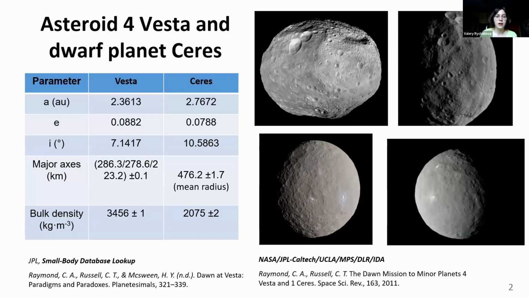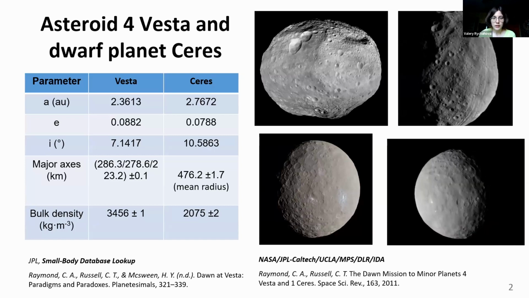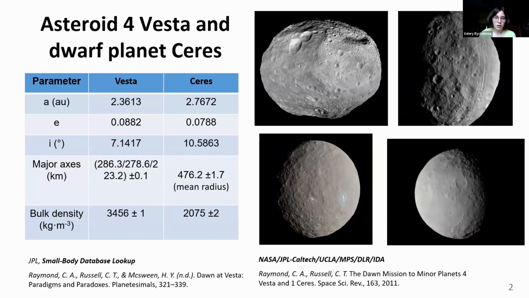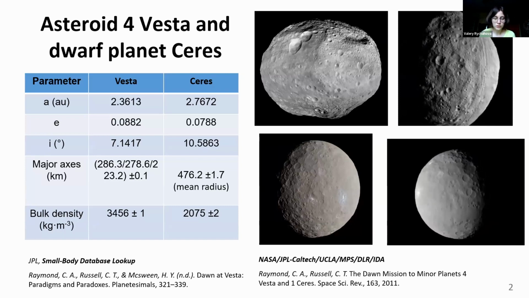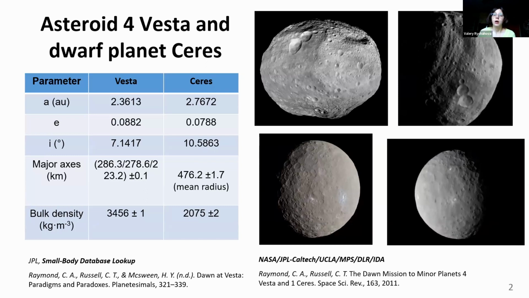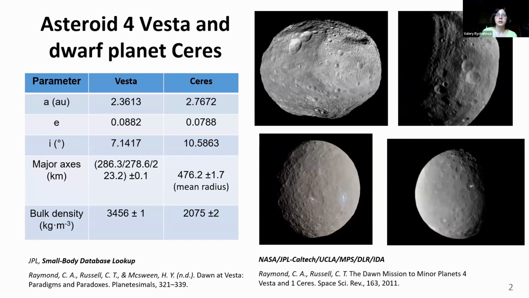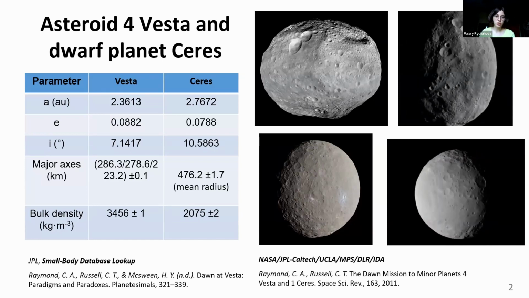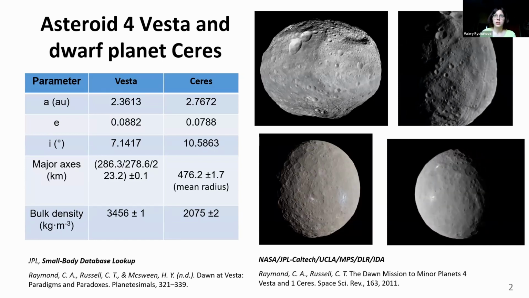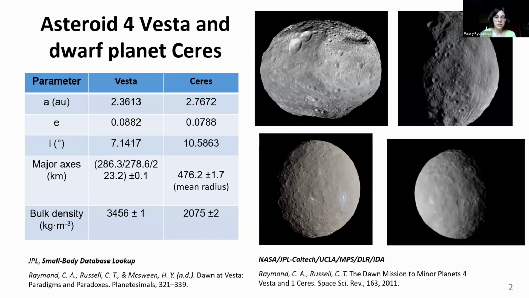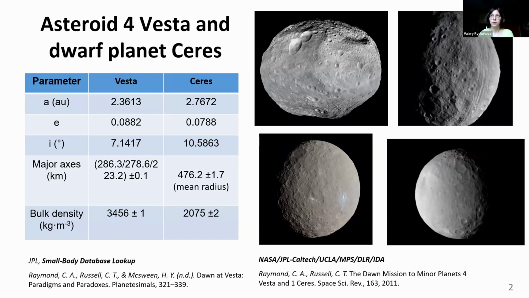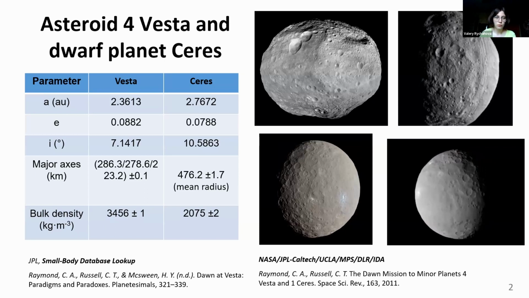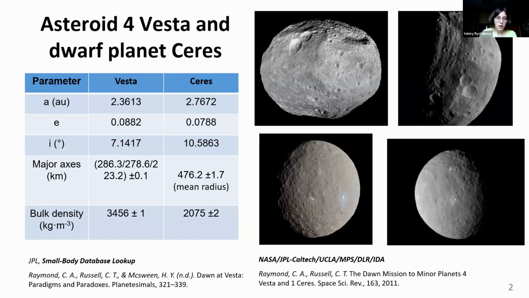These objects are very interesting because they are supposed to be the only protoplanets that survived from the early stages of solar system formation, and these objects could tell us many interesting things about the formation of the solar system and of terrestrial planets.